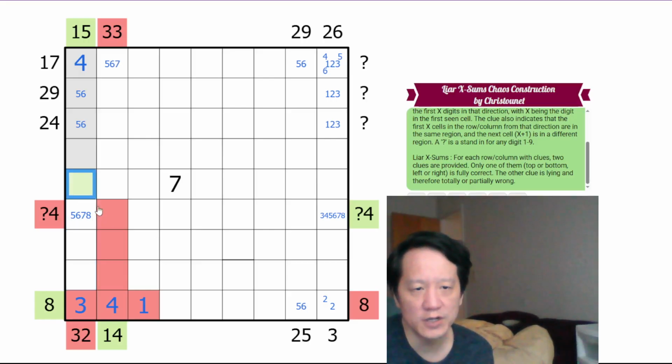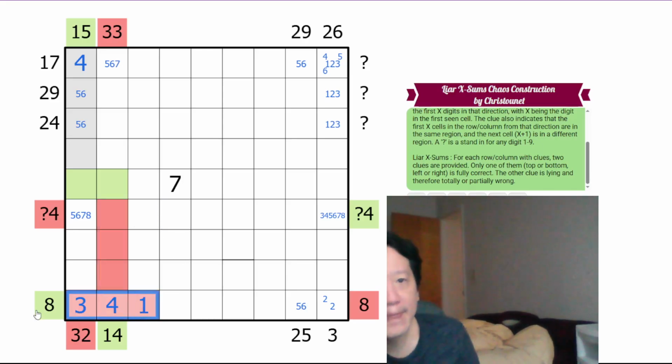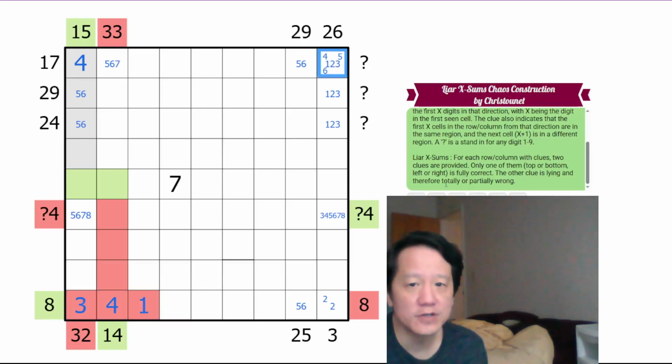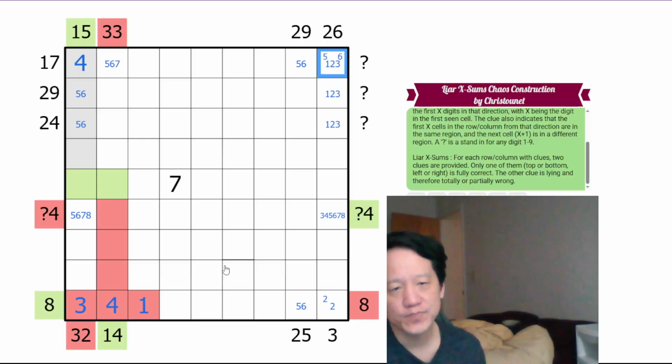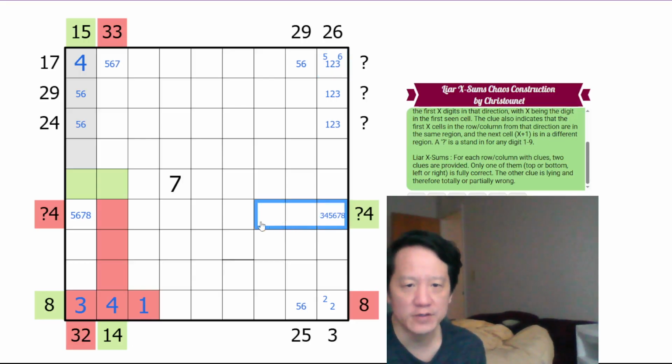So this would be green. Green has to go out. That would validate that. This is 3, 4, 1. This obviously could not have a 4. So this would have to be valid, which means it's at least 3.